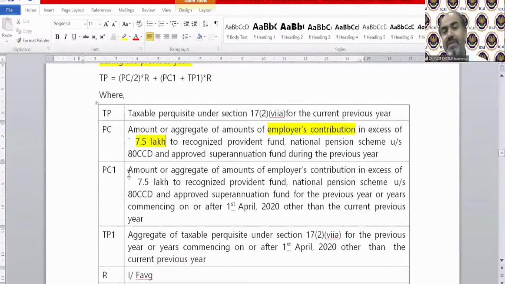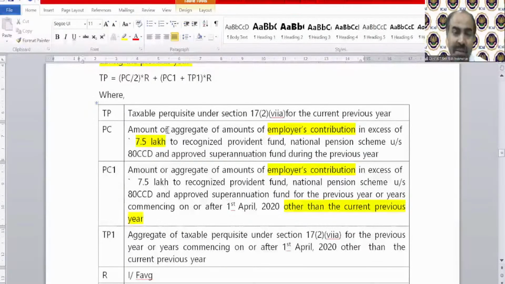PC1 says what the employer contribution is, same thing, exceeding 7,50,000, but in the preceding year. PC is the contribution for the current year, and PC1 is the last year's contribution. For example, if we are in previous year 22-23, then PC is the 22-23 contribution and PC1 is the 21-22 contribution.